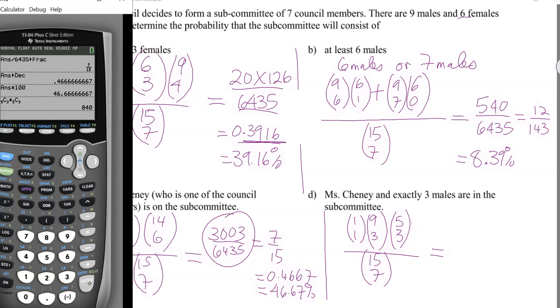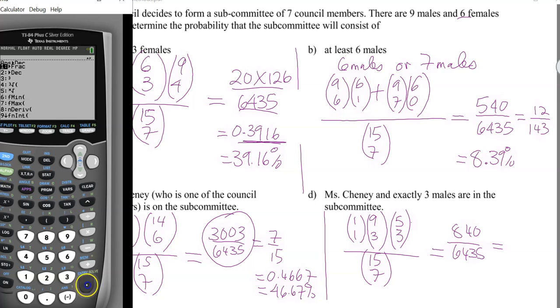Okay, that will be 840 out of, and our total is still always going to be the same, so divided by 6435. Then math, enter, enter. Let's see if this converts to a fraction. Yeah, 56 out of 429.